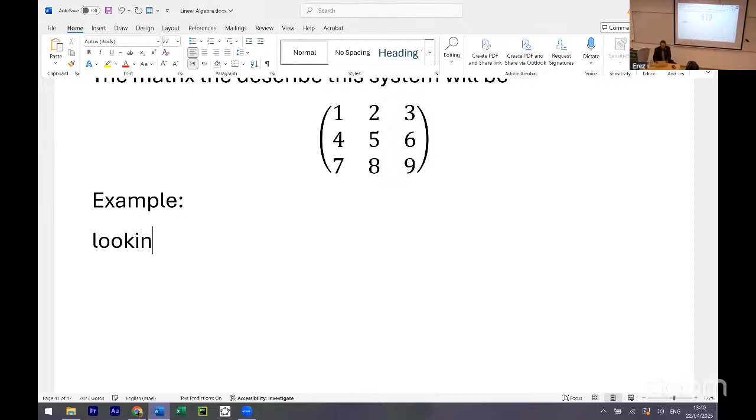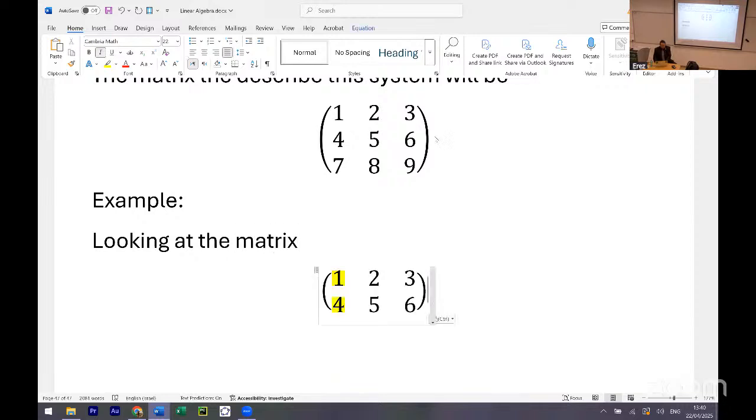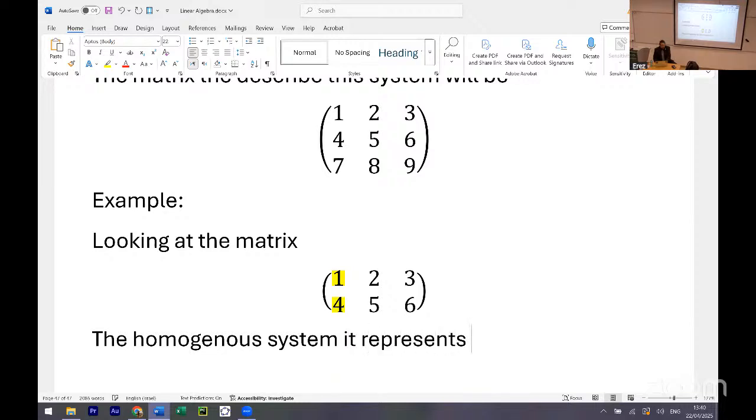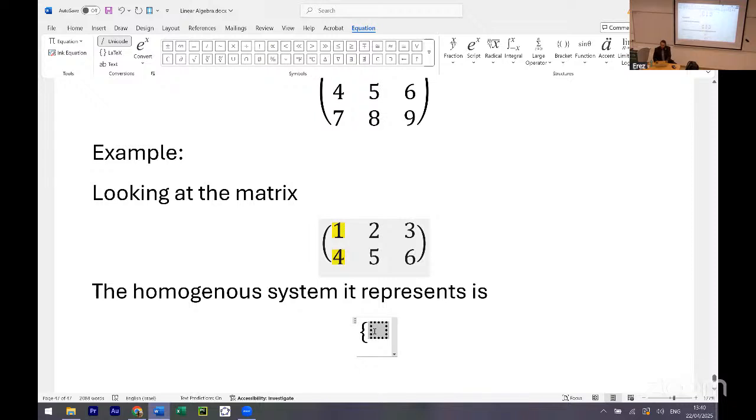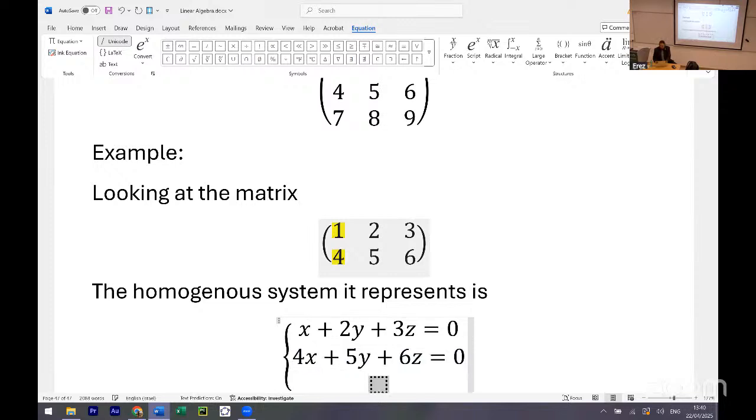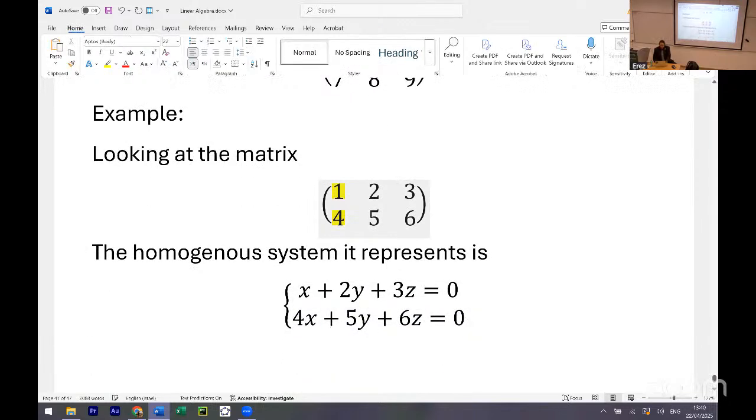Looking at the matrix, the homogeneous system it represents is, how many variables does the homogeneous system have? 3. x plus 2y plus 3z equals 0, 4x plus 5y plus 6z equals 0.